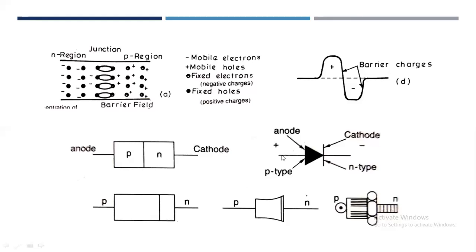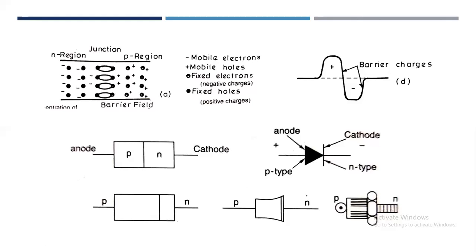Here also you can see anode, cathode, like that. The direction in which the diode resistance is small is shown by the arrowhead, and it is also the direction of conventional current flow when the diode is forward biased.